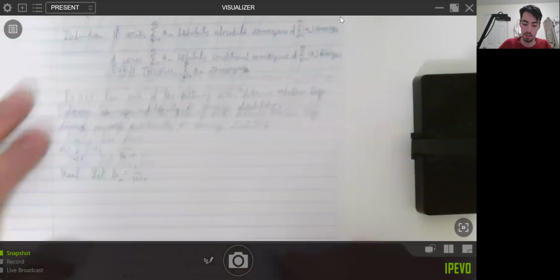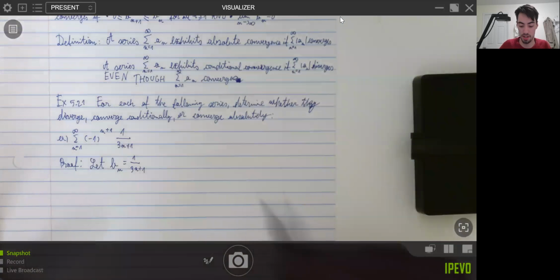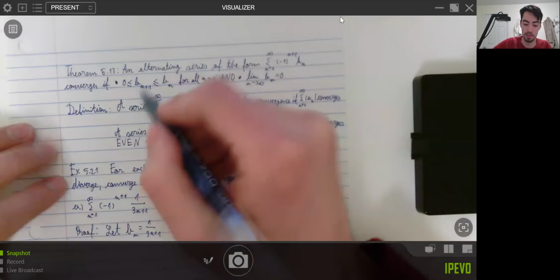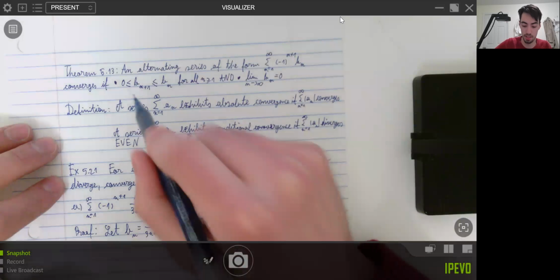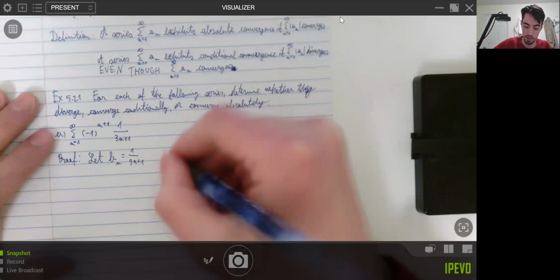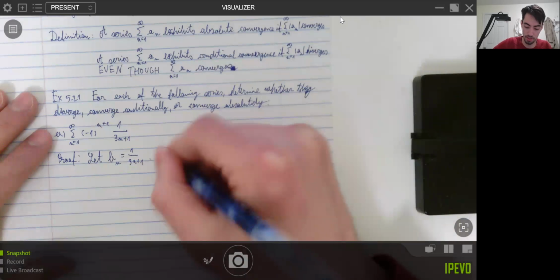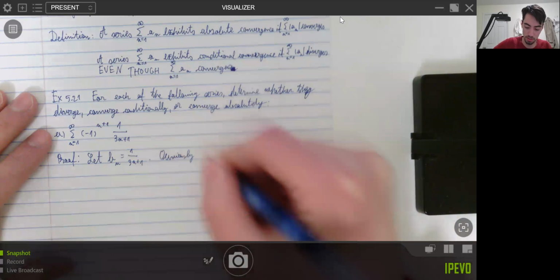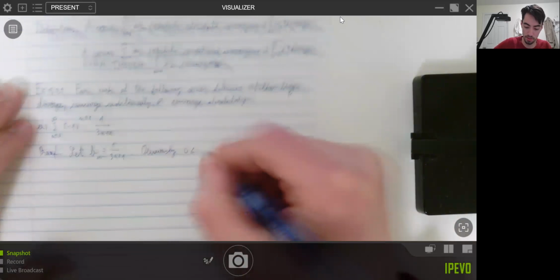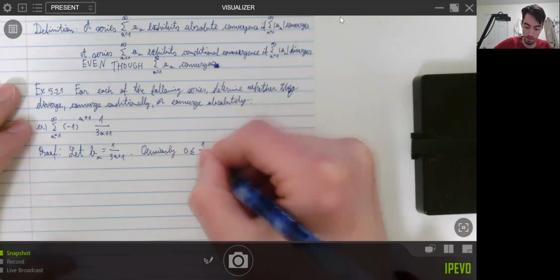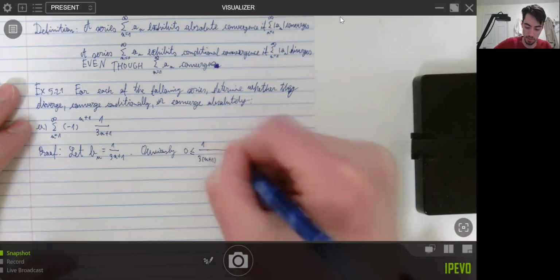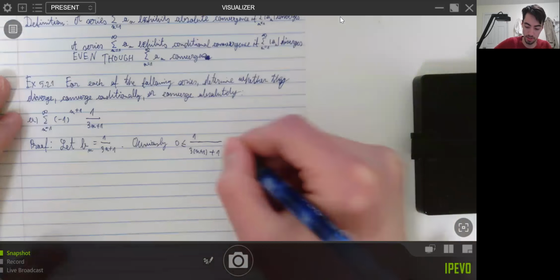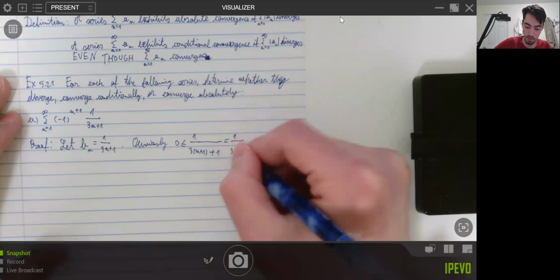Okay. So let's check our conditions. First of all, we want the bn's to be positive and decreasing. So obviously, 0 is less than or equal to 1 over 3(n+1)+1, which is just equal to 1 over 3n+4.